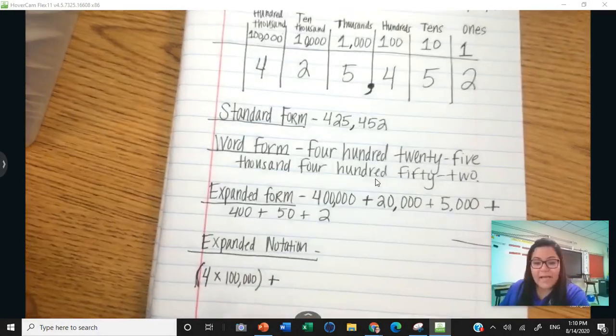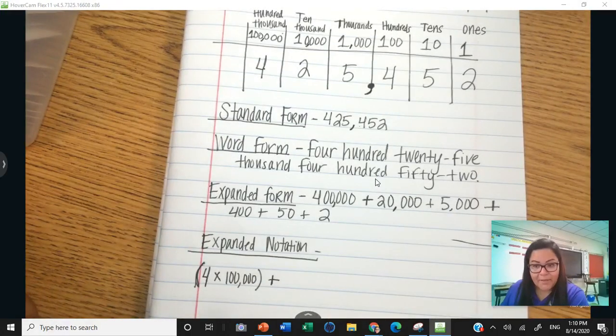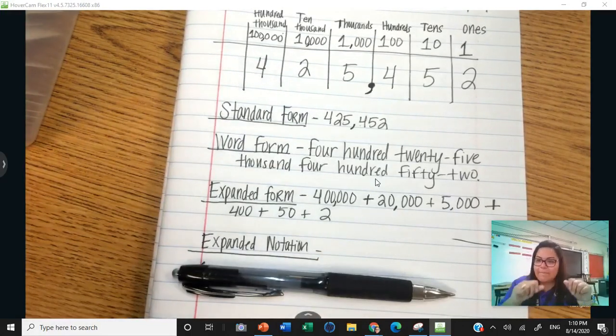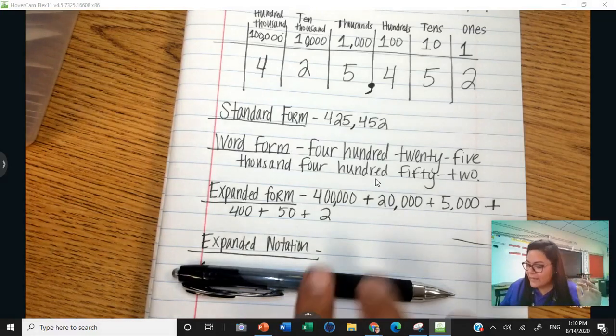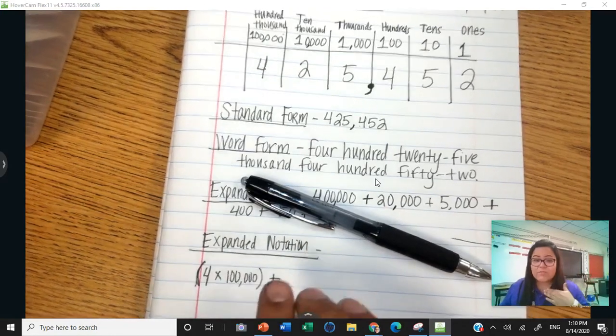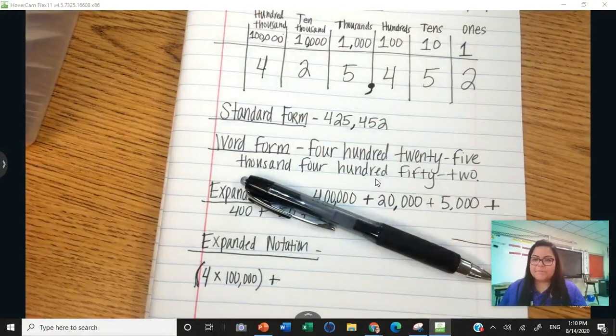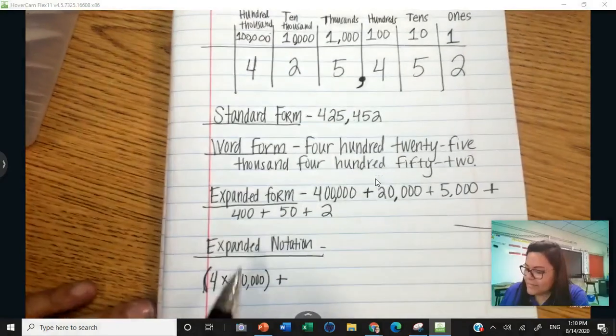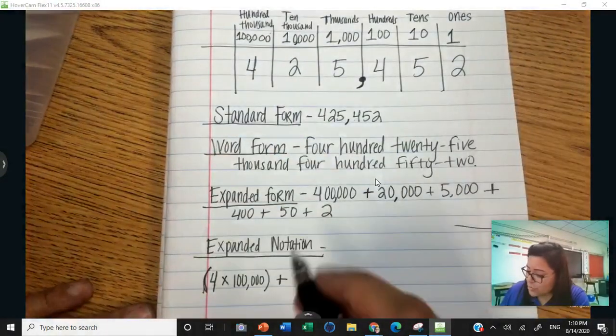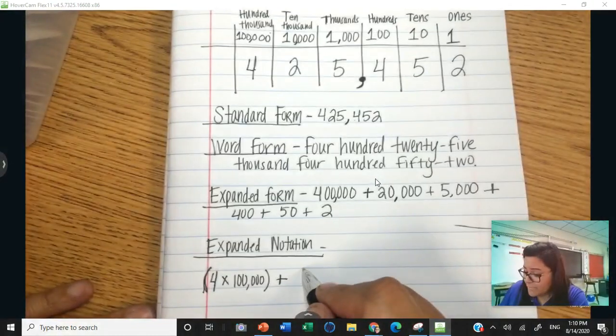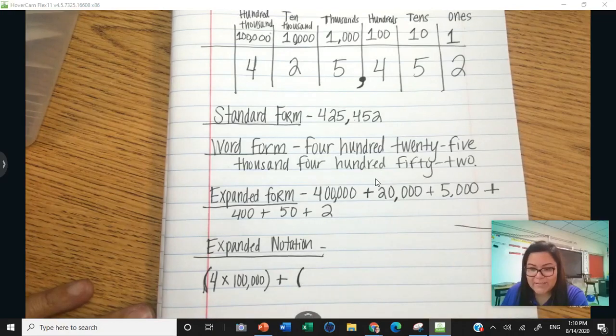Remember my plus sign. Very important, because when I'm decomposing a number, I'm breaking it up into smaller pieces. But once I add the plus signs, that tells me that I can put them all together to make this big fancy number. Next number is 2. So I'm going to start off first with my house, with my parentheses.